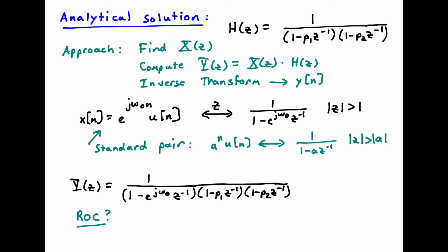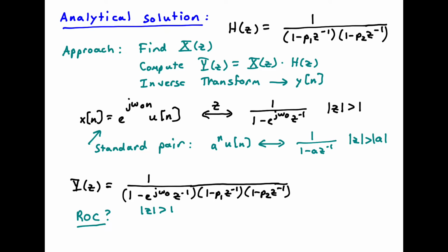Okay, so we have that, and then we can just multiply this transform by this transform, and that gets us y of z. Now we could ask ourselves, what is the region of convergence? Well, we can write that out for each of these terms. We know the region of convergence for this term is z greater than 1.